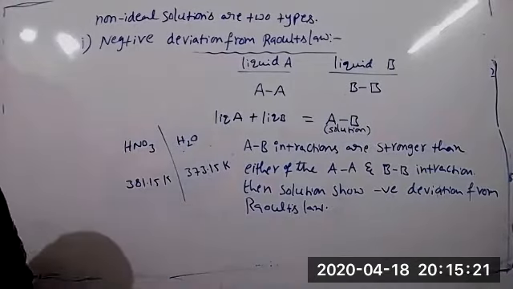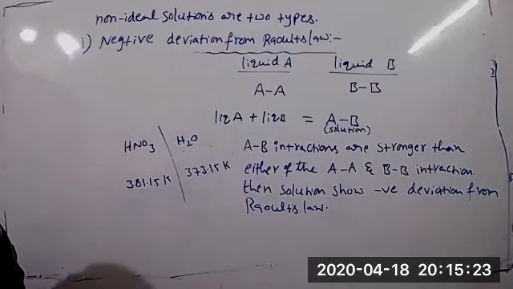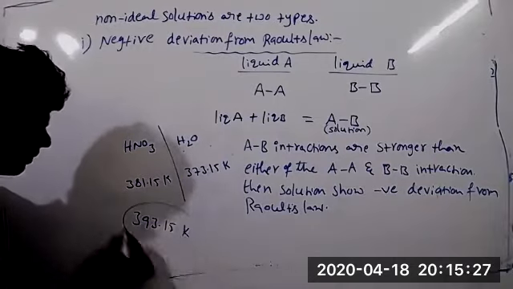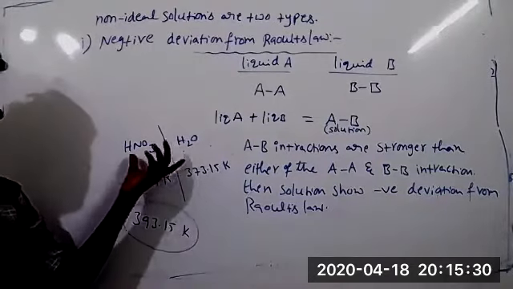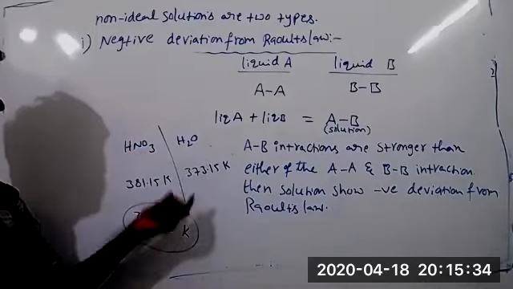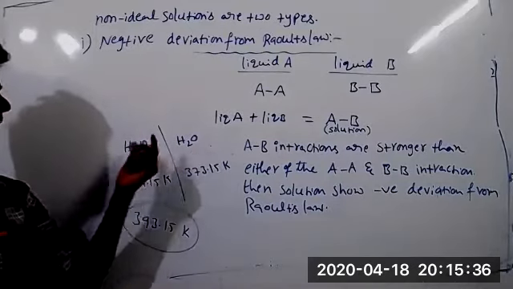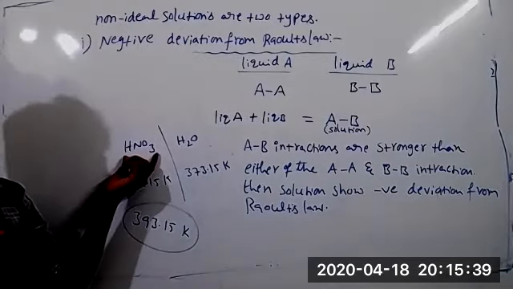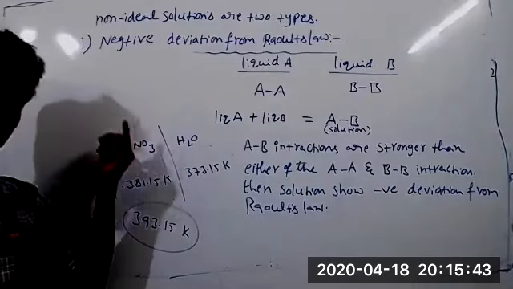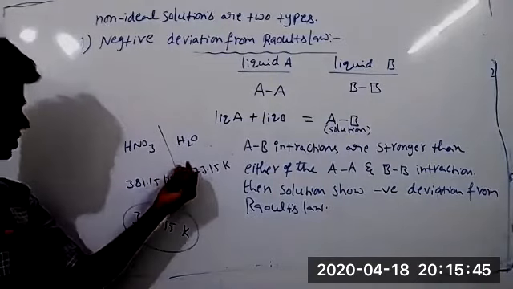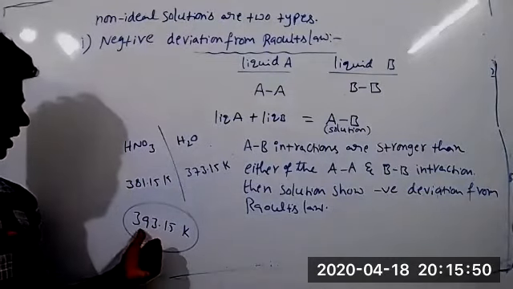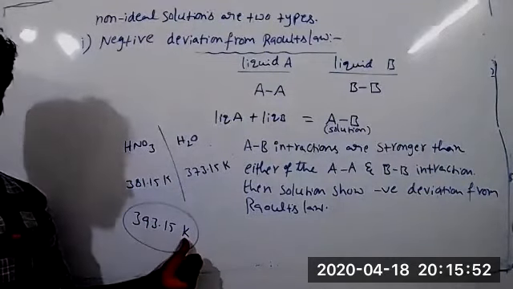But this mixture maintains 393.15 Kelvin. This means the interaction between H2O and HNO3 in the mixture is stronger than the interactions in water and in nitric acid. That's why its boiling point is 393.15 Kelvin.